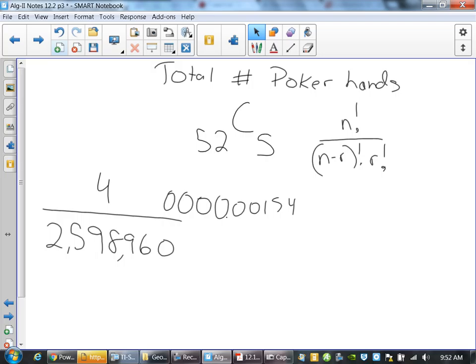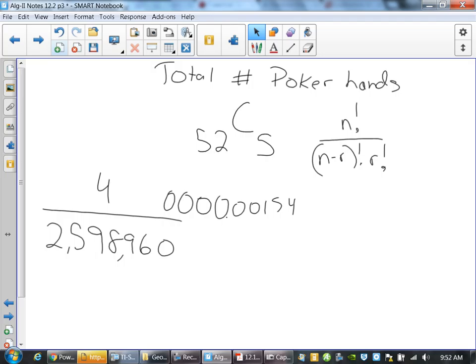The way that poker works is that high card is whatever the highest card is. If you have nothing in your hand but a 10, and that's the highest card, that's called high card. What beats a high card would be a pair. Beating a pair is 2 pair. Beating 2 pair is 3 of a kind. Beating 3 of a kind is a straight, then a flush, then a full house.